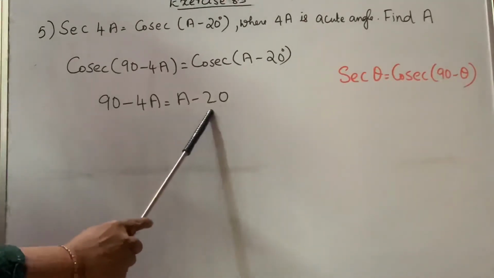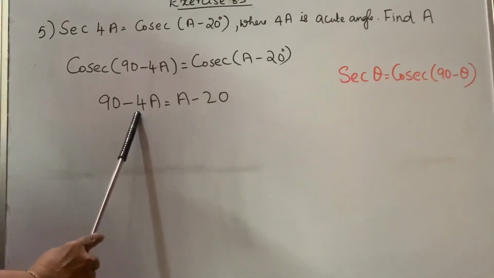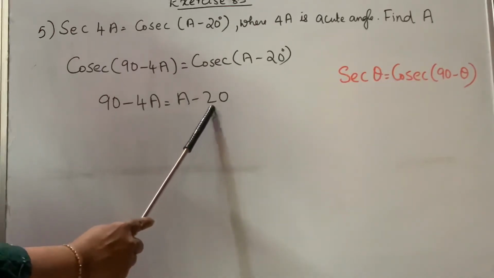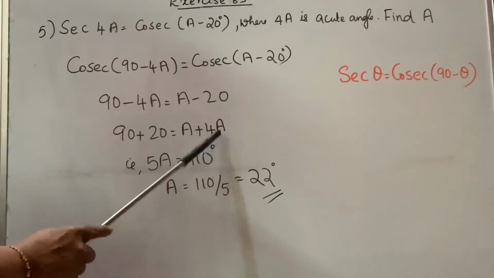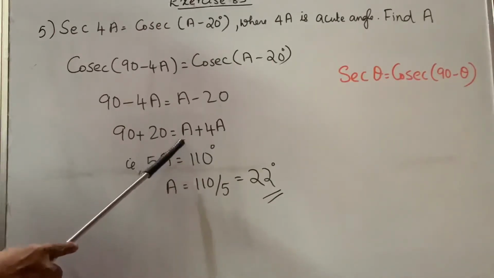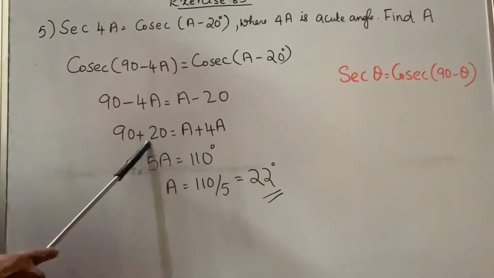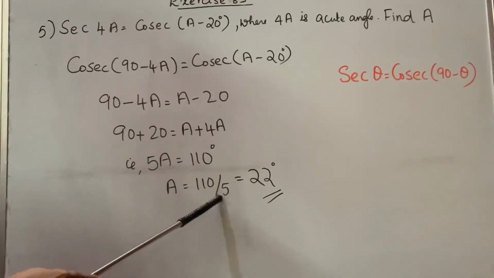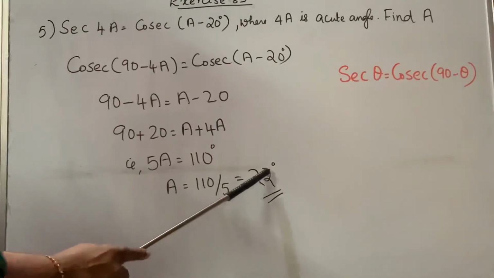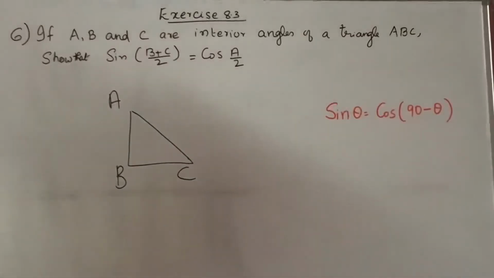Now how will you find out a? Take this 4a to that side and this 20 to this side of the equation. That is a plus 4a is equal to 90 plus 20. That is 5a is 110. That is a is equal to 110 divided by 5. That is 22 degree.